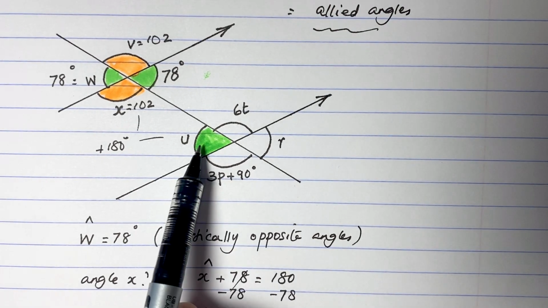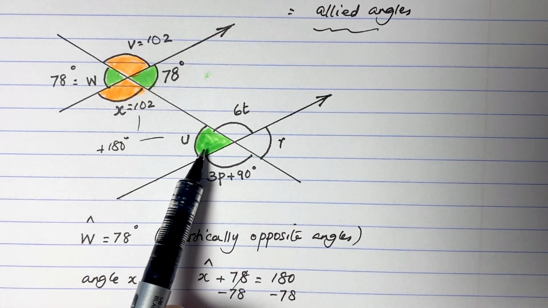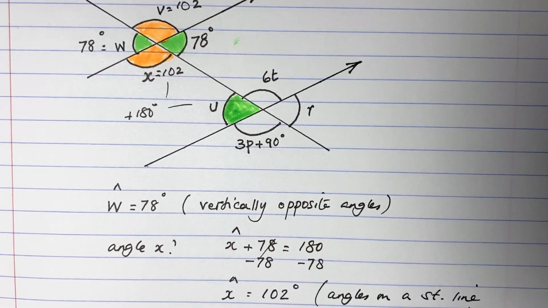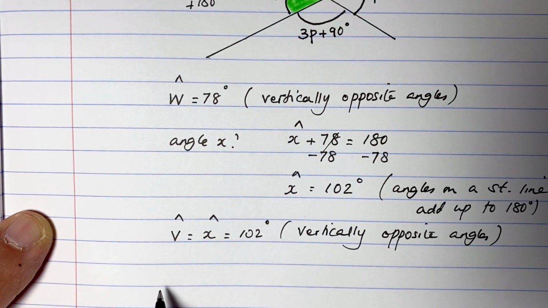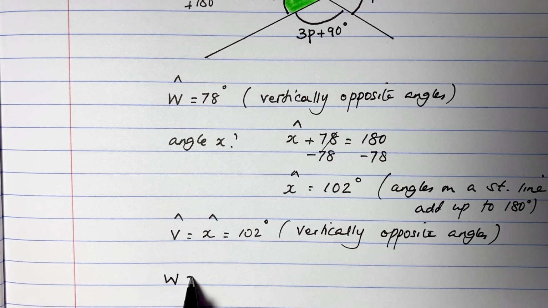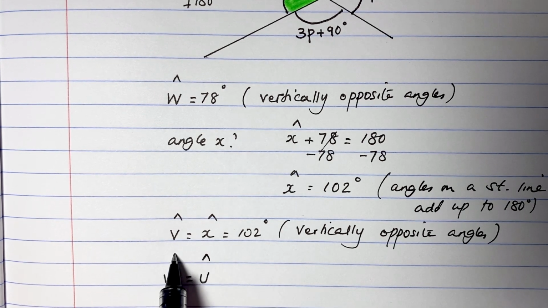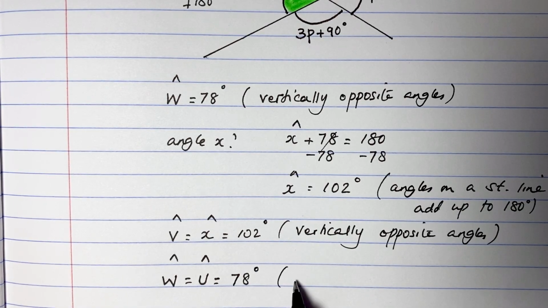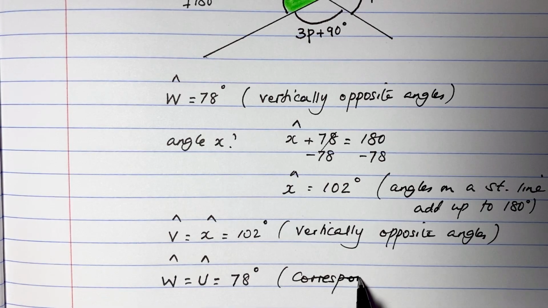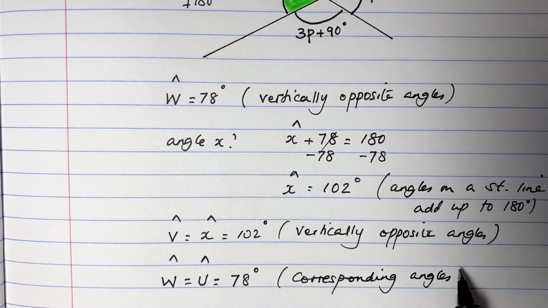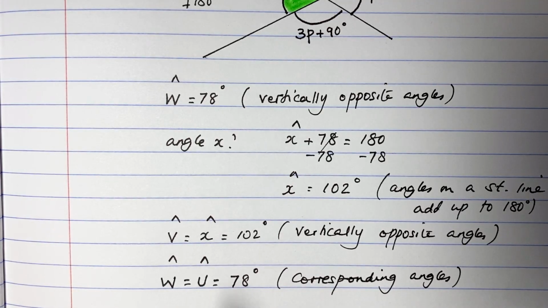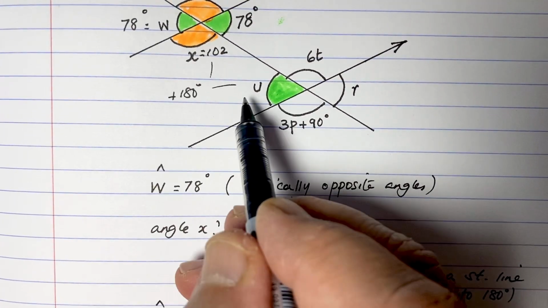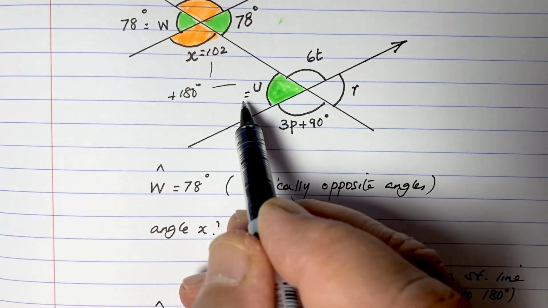So I can say W equals U equals 78, corresponding angles. So here a label, 78.